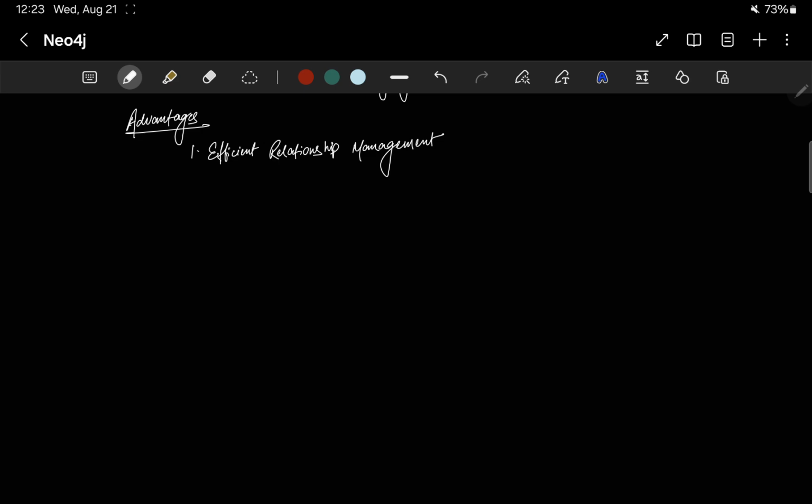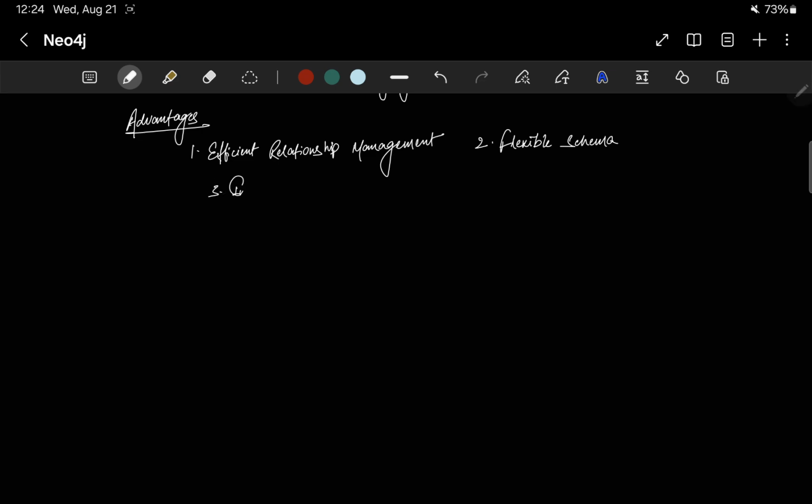Neo4j's native graph storage is optimized for managing and querying relationships, which makes it ideal for use cases where connections between data points are crucial. Next is flexible schema. Neo4j's schema optional model allows for agile development, where the structure of the data can evolve without requiring schema migrations.